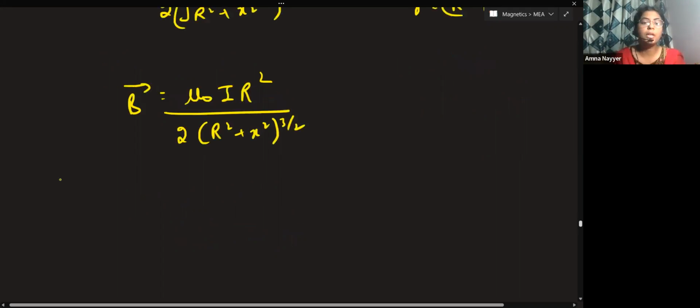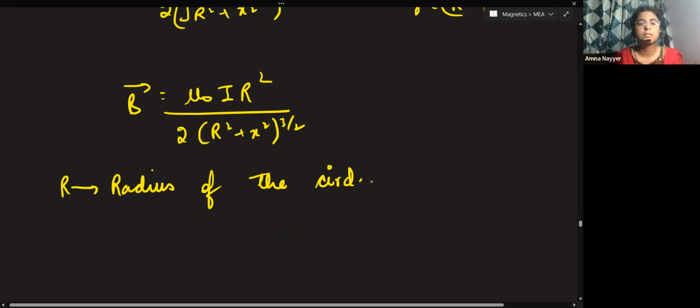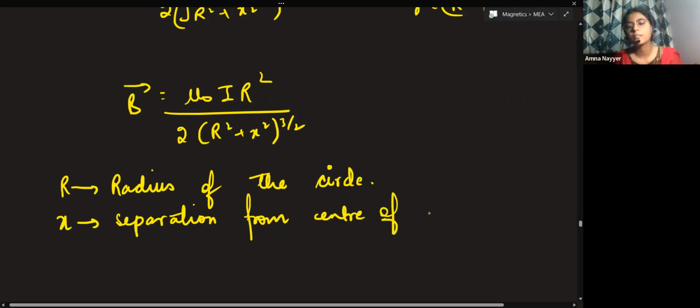Now, capital R in this formula is the radius of the circle, and X is the separation from the center of the circle to the point of calculation.